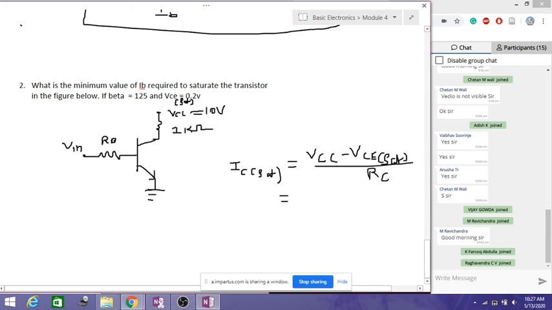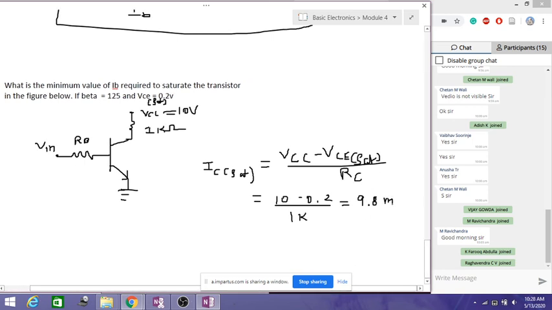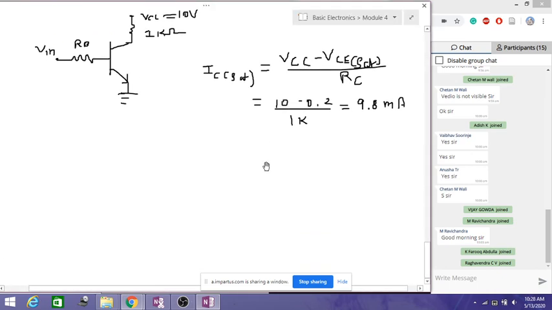Now we are going to substitute the values. This is 10 minus 0.2, divided by 1 kilo ohm. So I will get this current as 9.8 milliamperes.